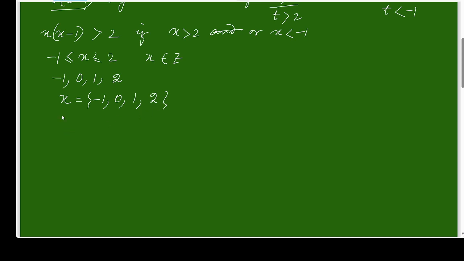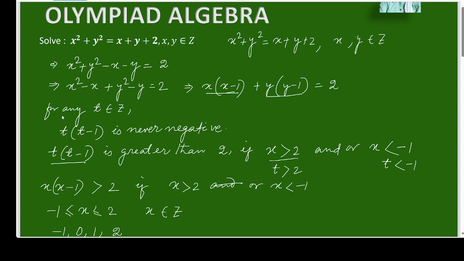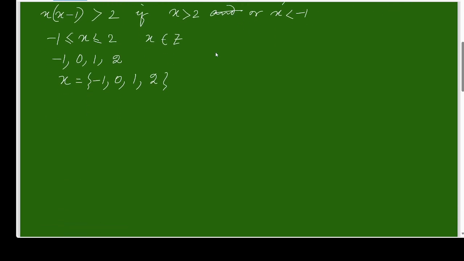We'll go for the first equation, that is x square plus y square minus x minus y is equal to 2. Let us put the values of x. First I am putting x equal to minus 1.